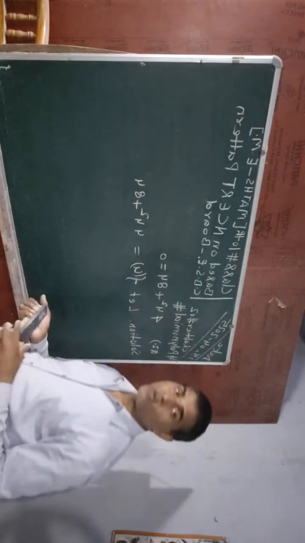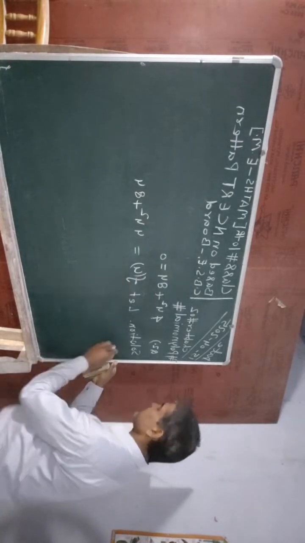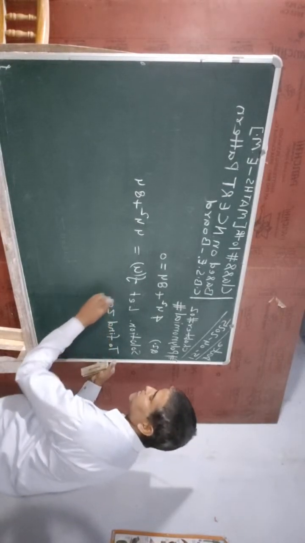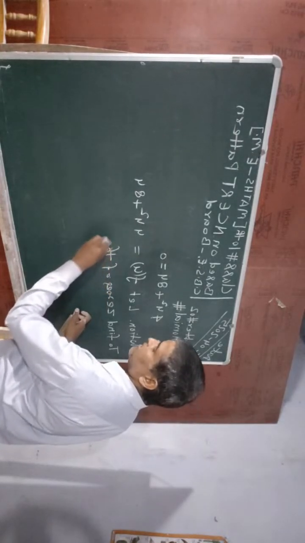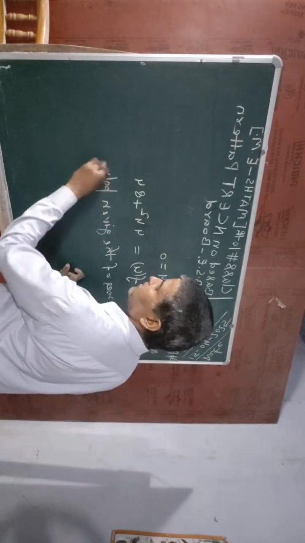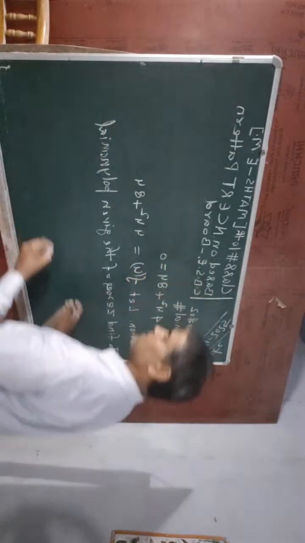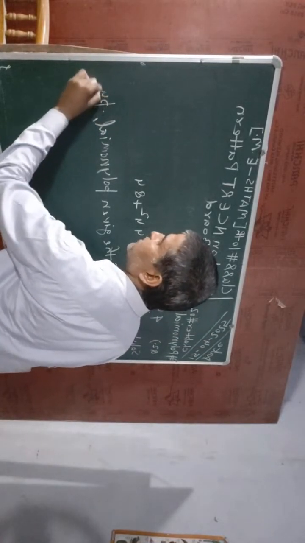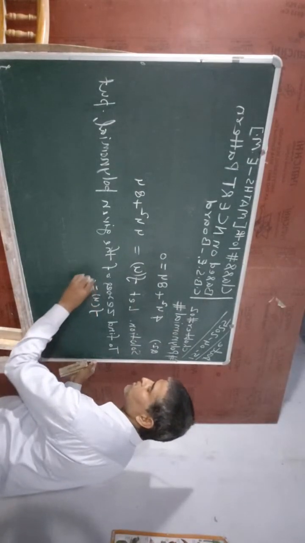Okay, student. Now here we have to get its zeros value. To find zeros of the given polynomial, put here, you have to write, put f of u is equal to 0.